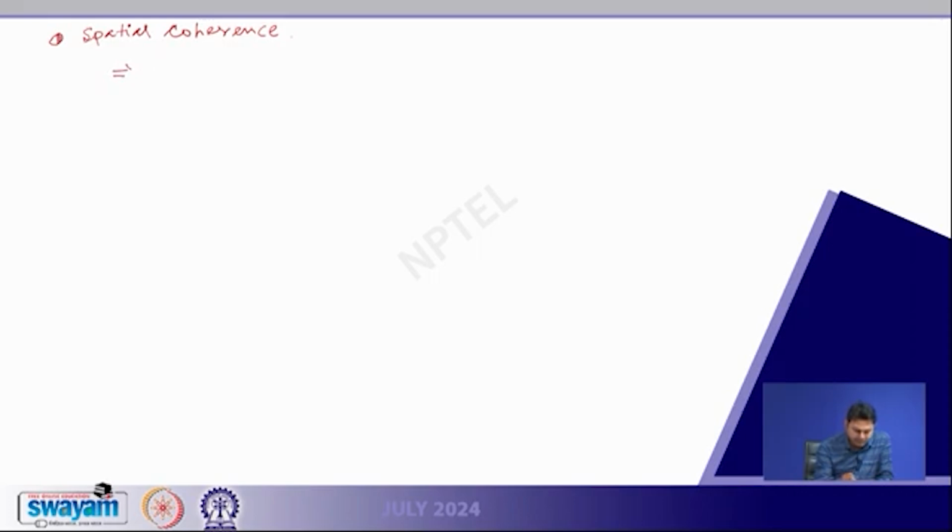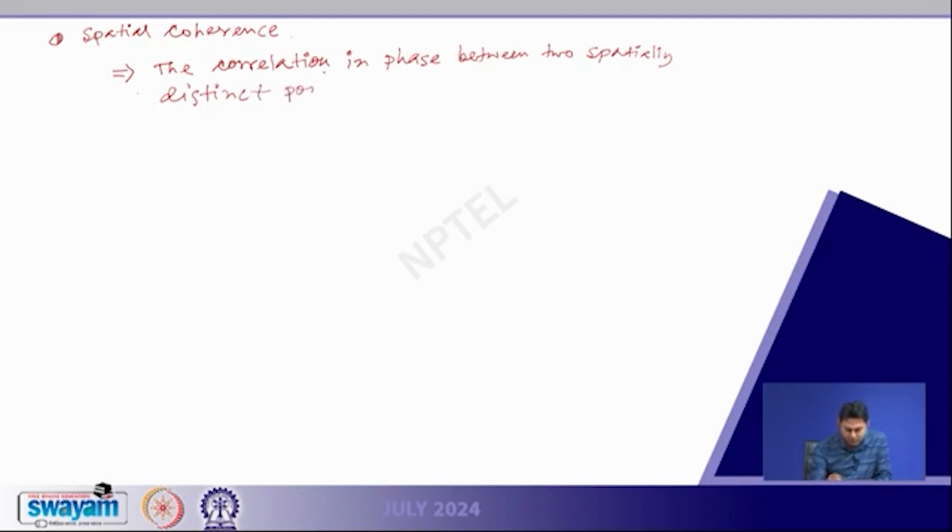It is basically the correlation in phase between two spatially distinct points of the radiation field.